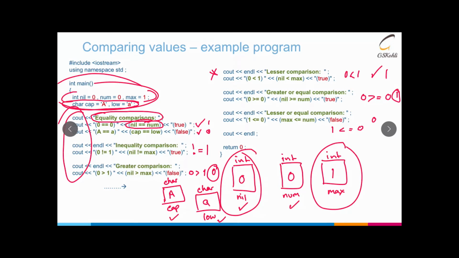In inequality we put a 1 if they are not considered the same. Those are the two things you need to keep in mind. The rest is greater comparison, less, greater or equal to, or less or equal to, which is basic maths. Just keep in mind that we're not looking at numeric answers, we're just looking at true and false for the given statements, represented in ones and zeros.